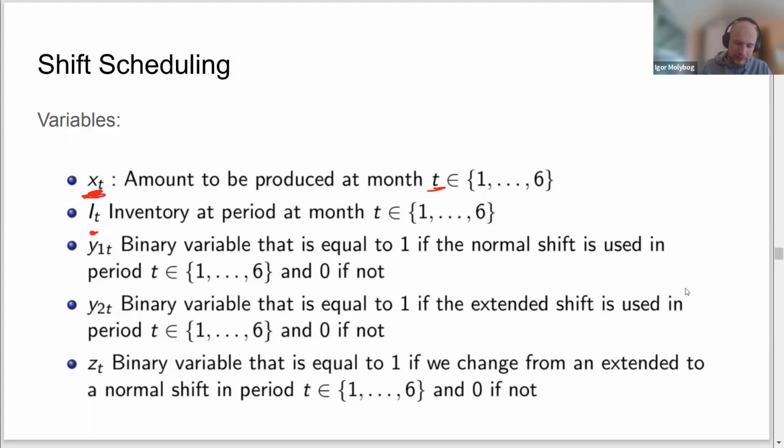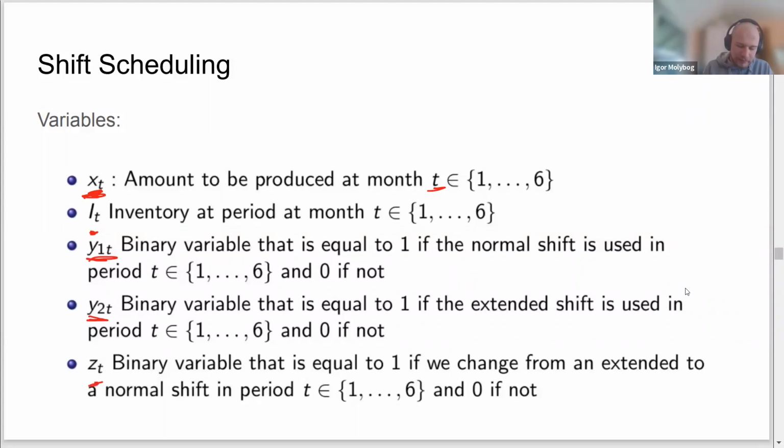Y1_t is going to be the binary variable that is equal to 1 if the normal shift is used in period t, and 0 if not. So basically, this is a variable that is indicating if we are in the normal shift. This is the variable that is indicating that we are in an extended shift.